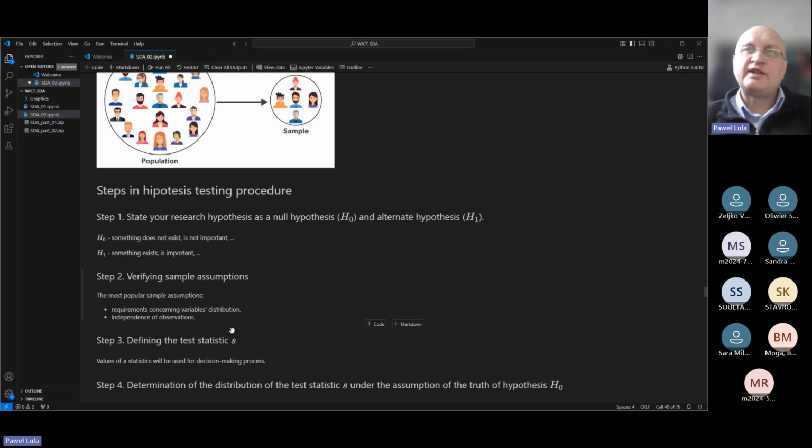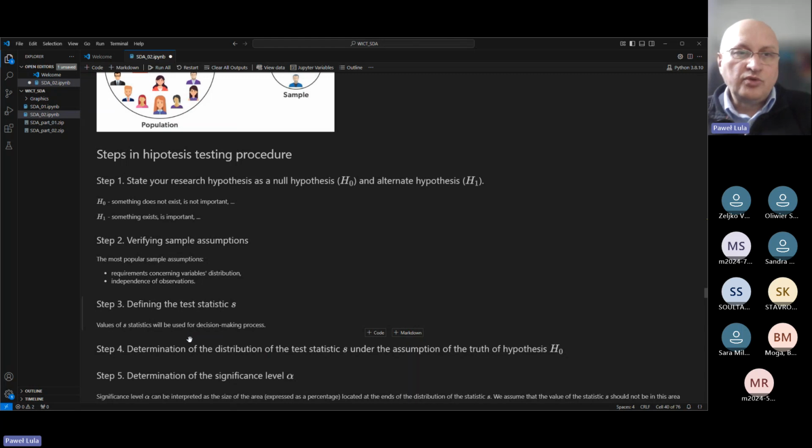It may be different, but very often they are related to the distribution of a data set. After it, we should define a test statistic.